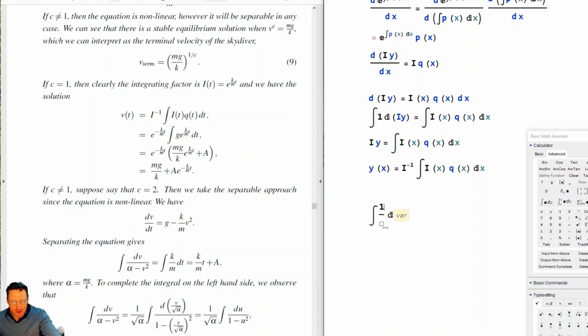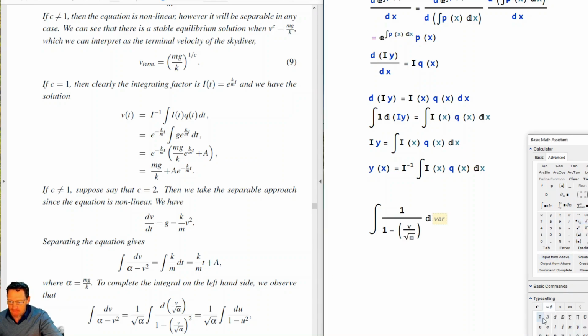Well, I've got 1 over 1 minus, in brackets, the fraction v over square root of alpha, all squared.